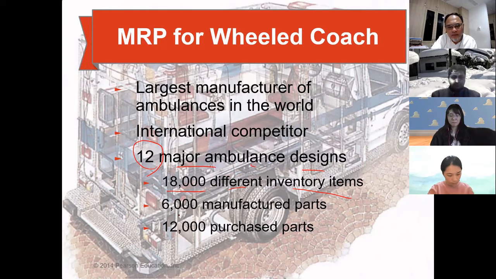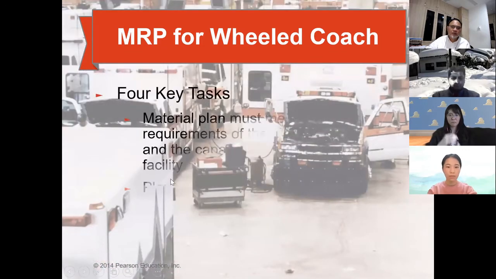So 6,000 are manufactured parts, 12,000 are purchased parts. That means from these 18,000, 6,000 are manufactured, 12,000 are items that you buy from suppliers to be able to fix or to assemble into the ambulance.